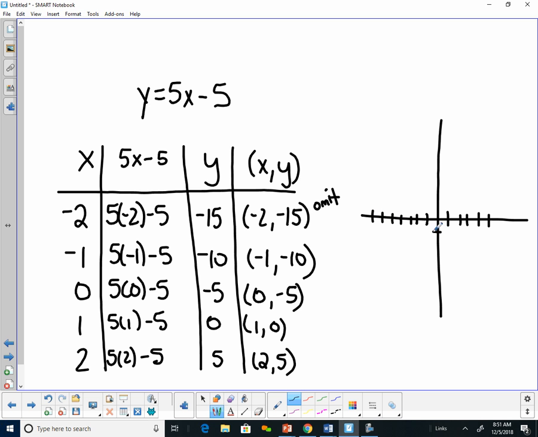So we're just going to go ahead and create our numbers. You would have a grid paper. So the first one we said was -2, -15, so that would be somewhere down here. Then we have -1, -10.